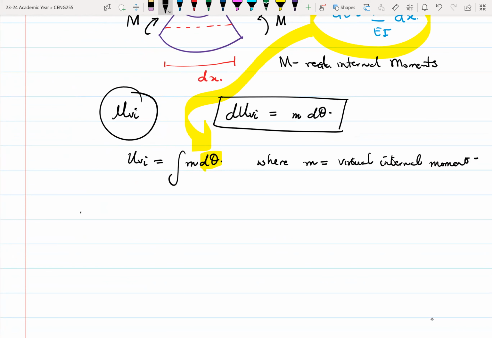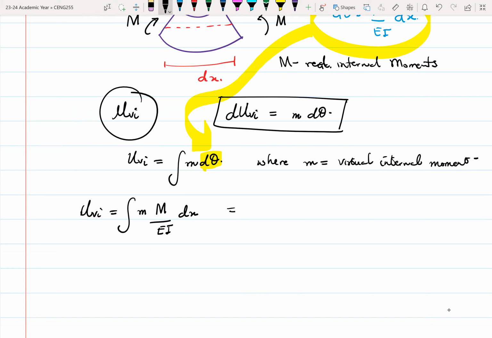So we end up with UVI being equal to small m, big M over EI dx, where the dx will be over the span of whichever member we are looking at.